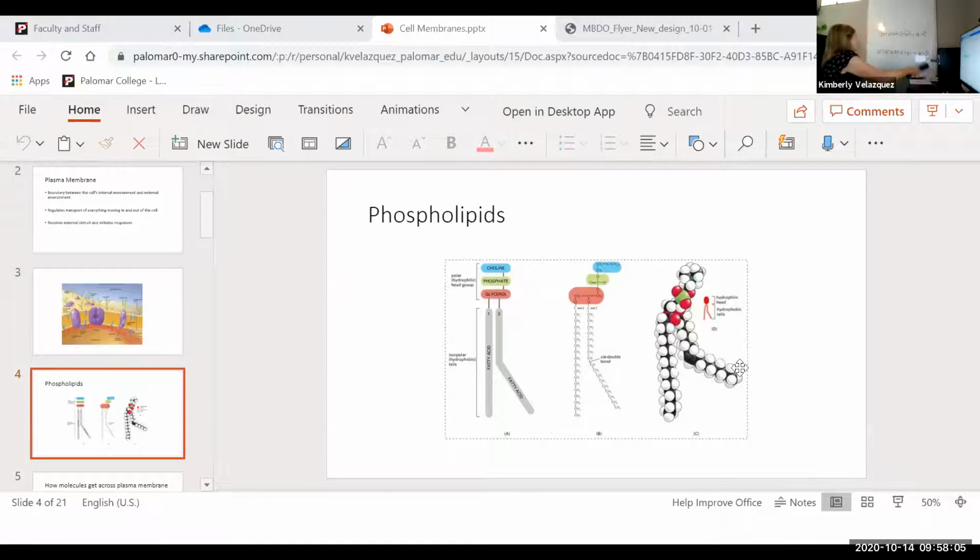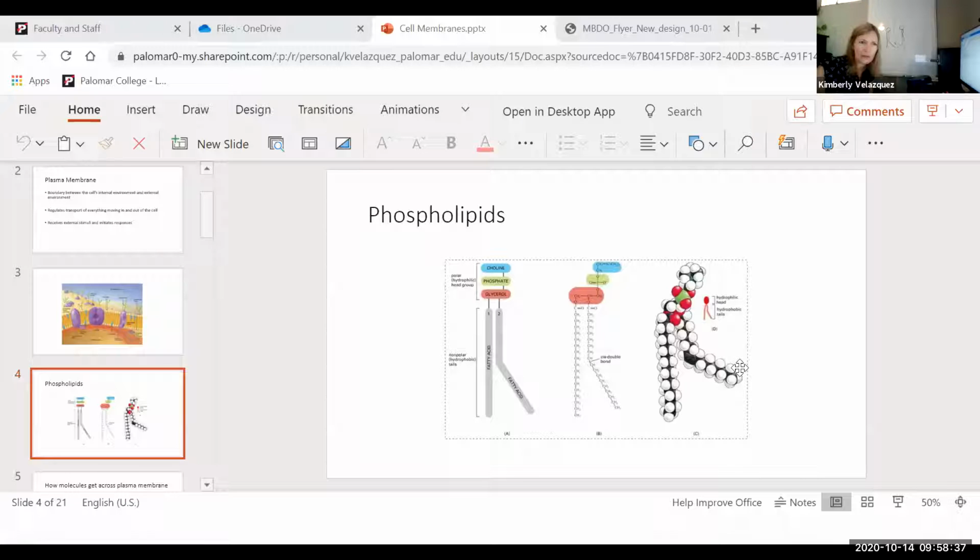So one of the ways that simple diffusion happens is if we have in the phospholipid bilayer, so we'll do a straight one and then one with a kink. And over here, we have another one with a kink. That's going to create a space in the phospholipid bilayer that's going to allow small, uncharged molecules to simply diffuse across through simple diffusion.